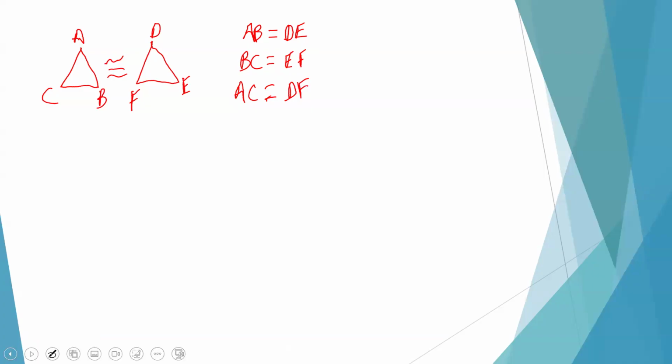And so this is the picture and a little statement. The triangle ABC is congruent with triangle DEF.